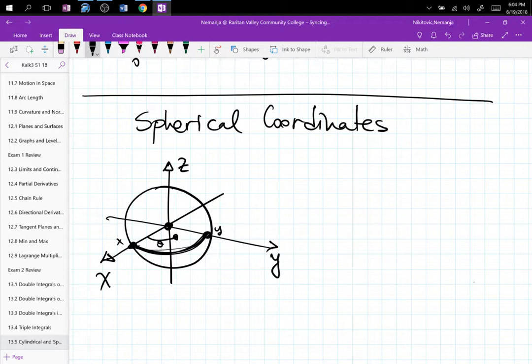At the same time, in the sphere, the radius r that first goes along x-axis, you swing that along y, and then you can also, from z-axis, swing this way, phi.